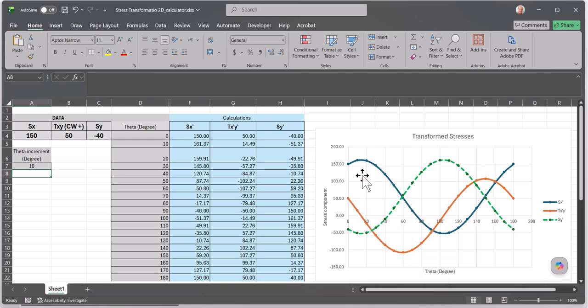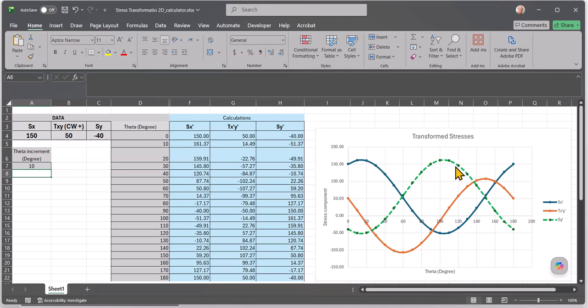And then if you go here at 20, your normal stress is 159.9, which is one of the principal stresses. And the corresponding is also true for the minimum. The shear stress is zero and the normal stress is at its minimum.